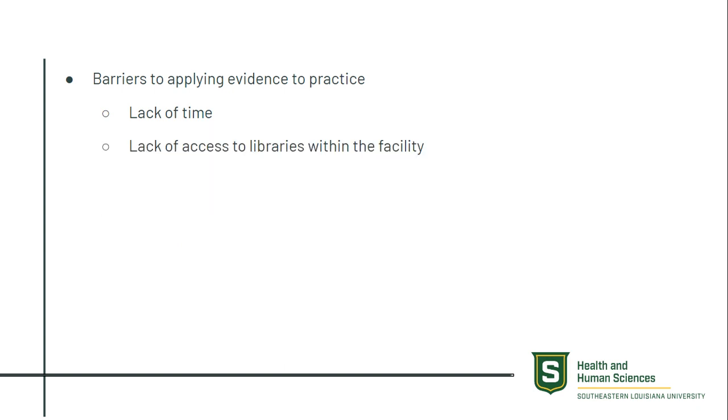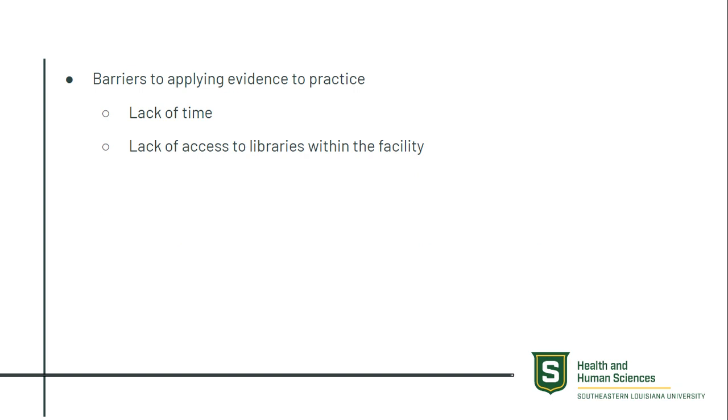And also, you may not have access to libraries within the facilities, or you may not have enough money to subscribe to journals where you can get those good research studies. Like I said, a lot of journals have paywalls. Within a university, they spend money making a lot of journal articles accessible to students, staff and faculty.